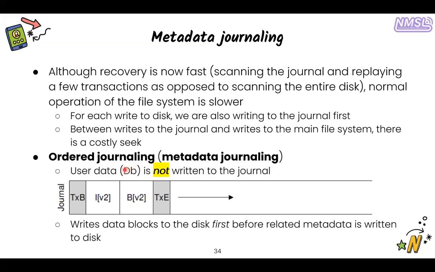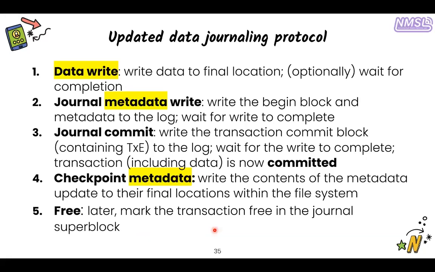Typical user data is the one that eats up the biggest chunk anyway, right? So in the journaling, no user data. Instead, you write the data blocks to disk first before the metadata is written to the disk. So further optimizing the protocol.